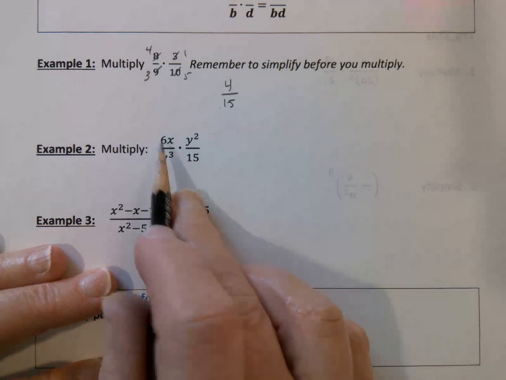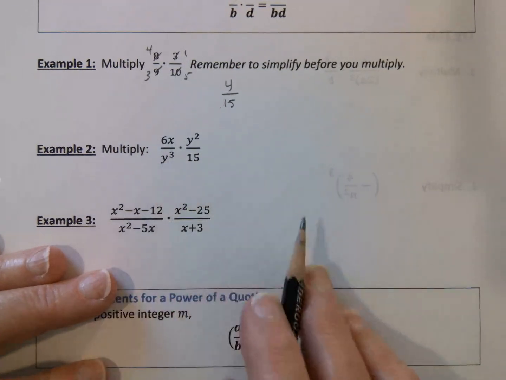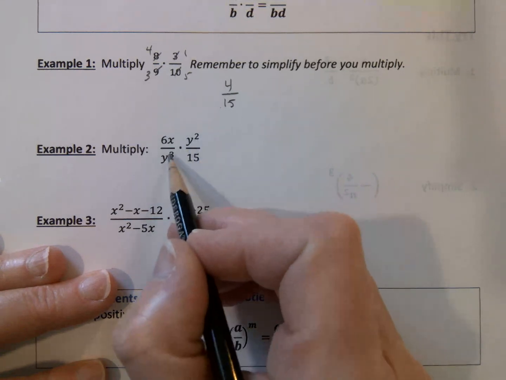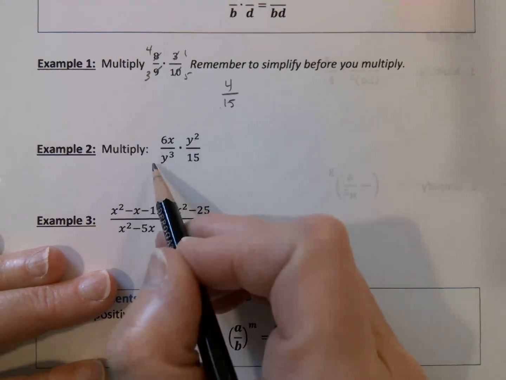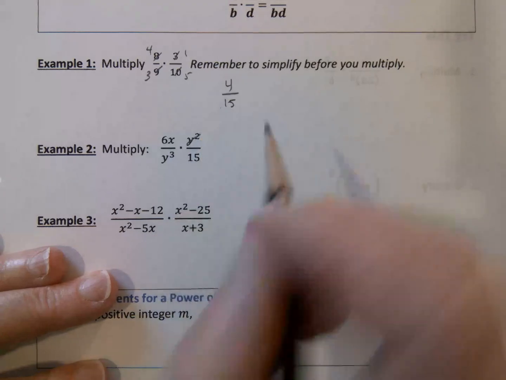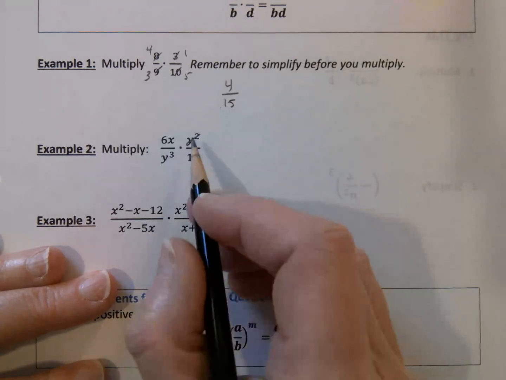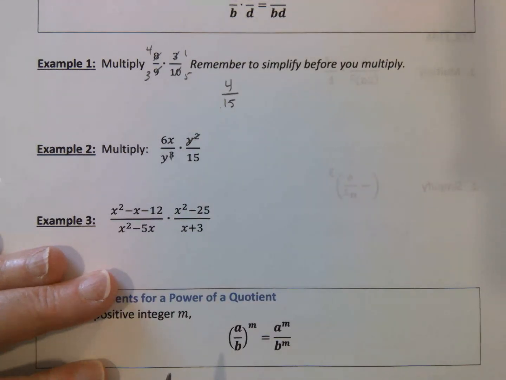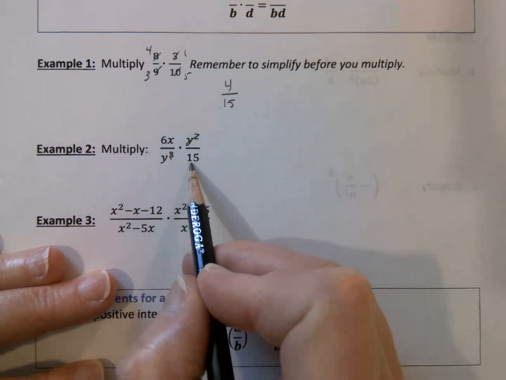Okay? Here I have some fractions that have variables in them. I'm going to do it the same way. Here I have y squared and y cubed. They each have two y's in common. So the y times y will cancel out completely. This becomes a y to the first power. Here I have a 6 and a 15.